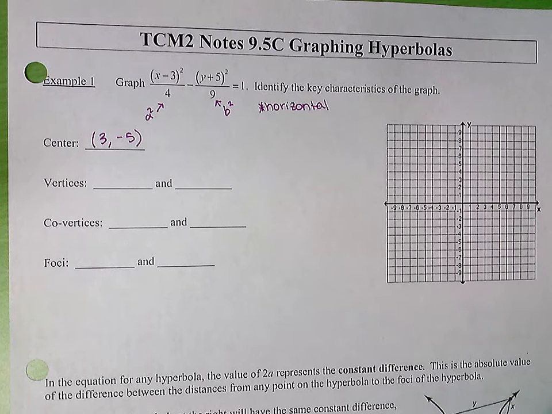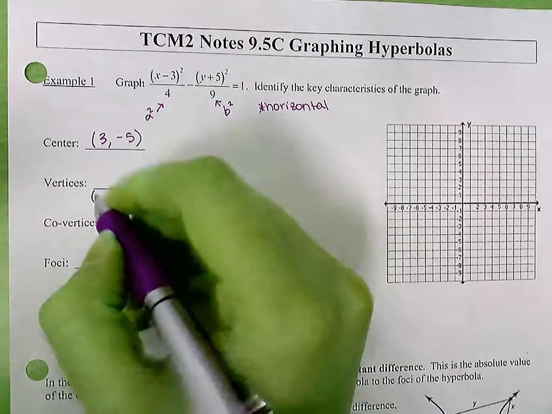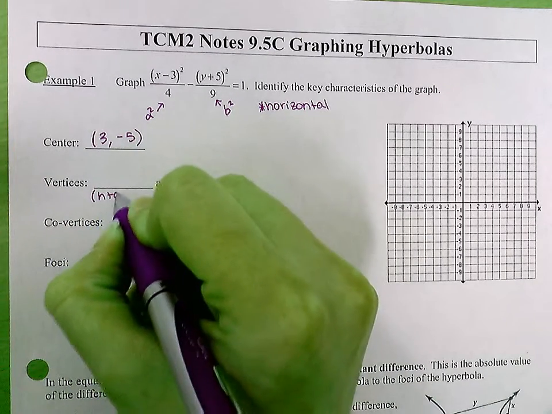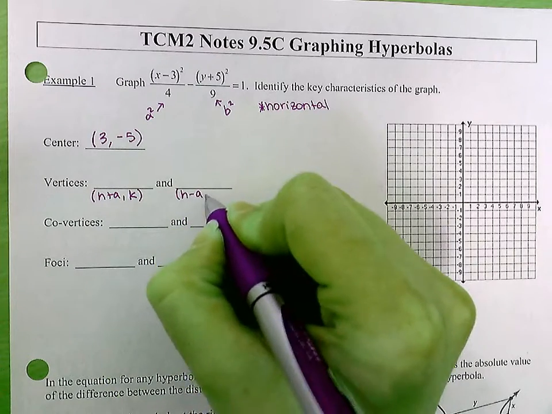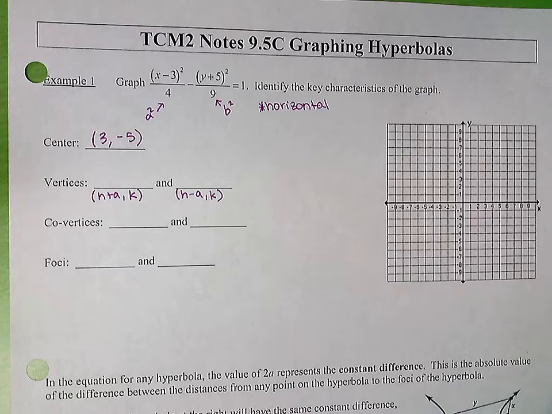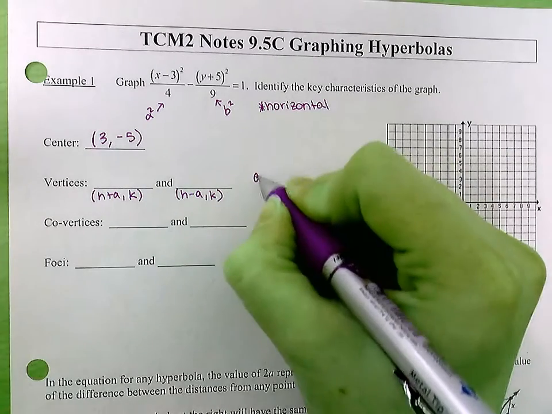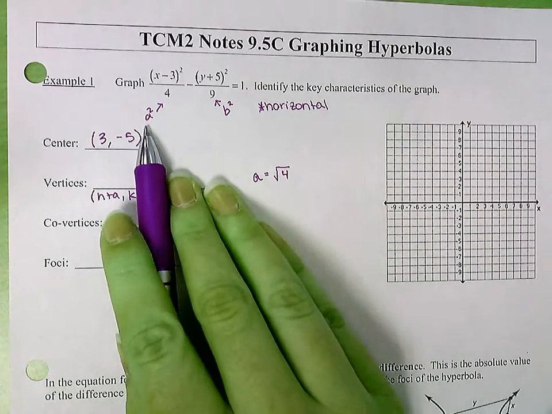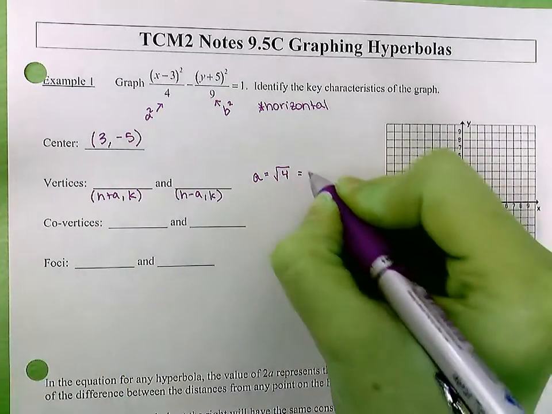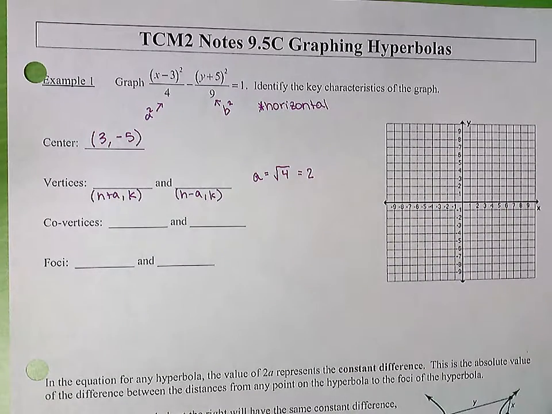Okay, so to find our vertices then, again, we're using that chart. Our vertices are at h plus a, k, and h minus a, k, meaning we need to find a. Well, to find a, we're going to take the square root of that a squared term. So a will be 2.